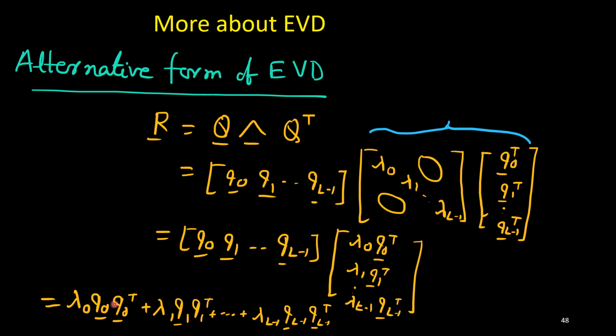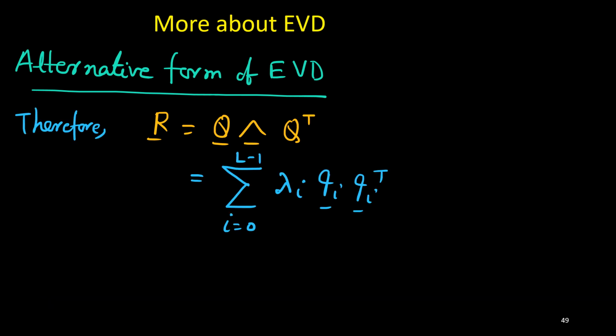So lambda 0 times this square matrix, lambda 1 times this square matrix, and similarly lambda L minus 1 times this square matrix. If you sum up all the square matrices with this weightage, you get the total R. So we can decompose R in this form as well, corresponding to the weightage of eigenvalues and the corresponding square matrices.